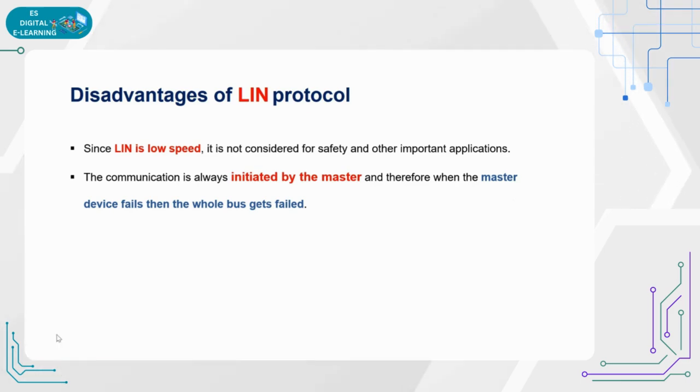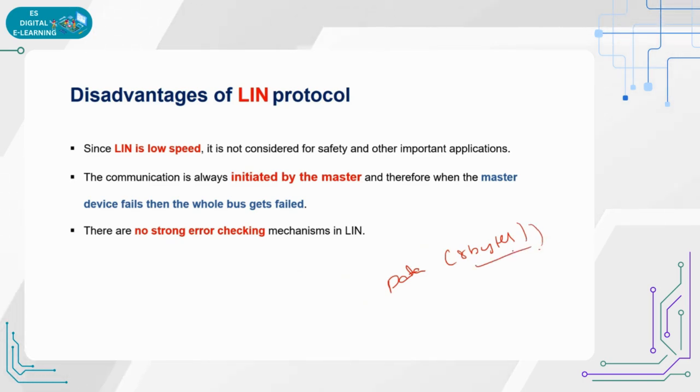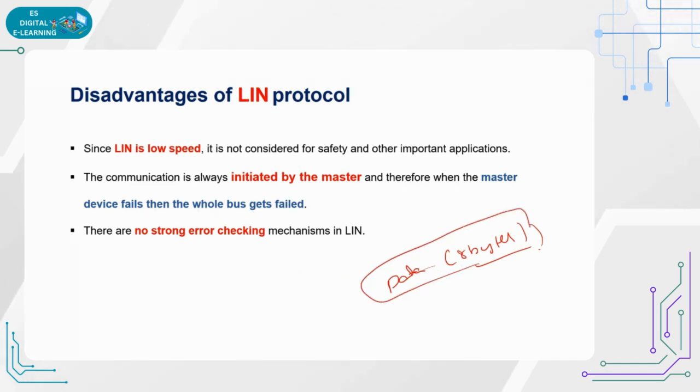And next is the part of error checking. Whatever data we are transferring will be 8 bytes of data. In the LIN protocol, checking 8 bytes of data and more than 8 bytes of data will be very tough. That is one difficult phase, only 8 bytes of data is allowed.